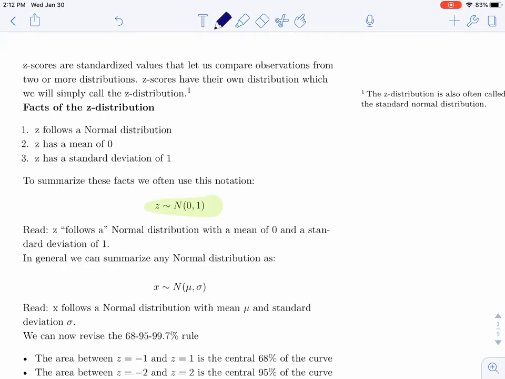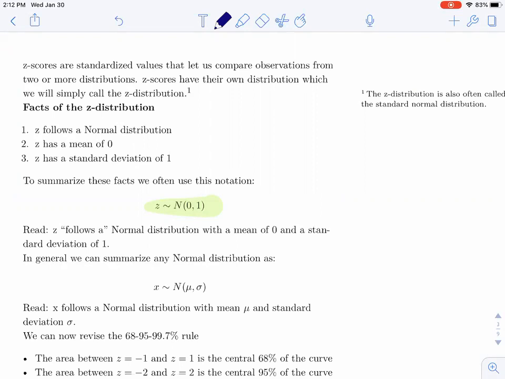And so we can summarize that with this notation. How you're going to read this is that Z follows up. The tilde you read as follows up. Capital N stands for normal distribution, with a mean 0 and a standard deviation 1.